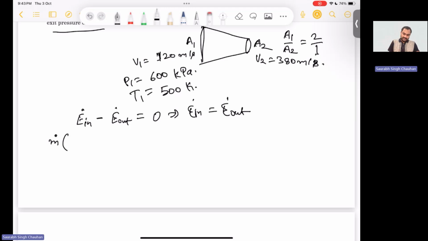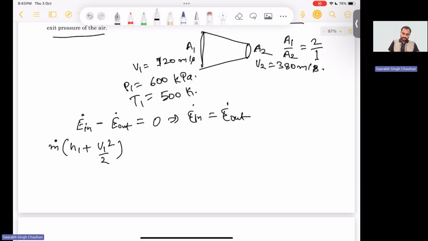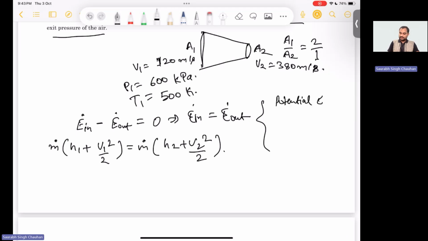Okay. So at inlet, energy will be m dot into h1 enthalpy plus v1 square by 2, and we are neglecting potential energy changes. Okay, is equal to m dot, this is the mass flow rate, that is constant, h2 plus v2 square by 2. Okay, and we have assumed potential energy changes neglected.